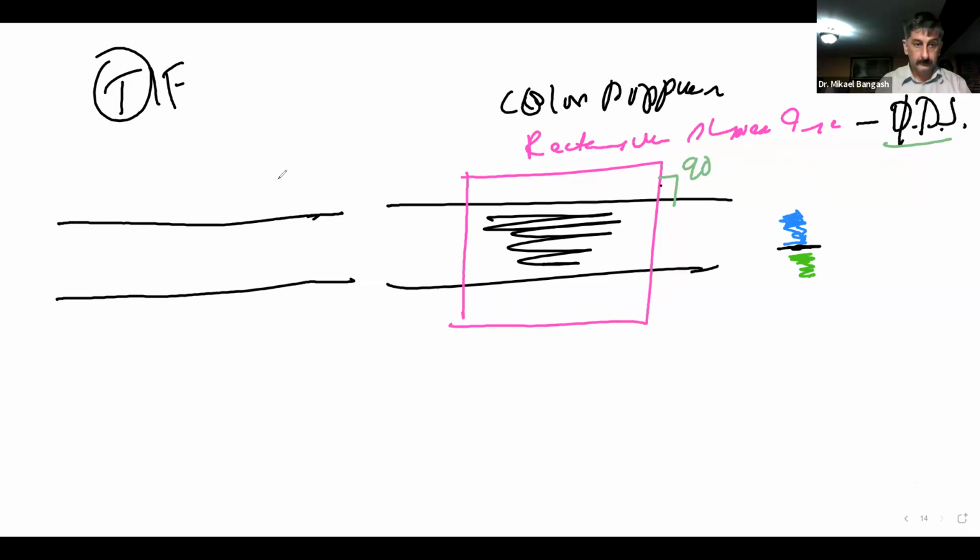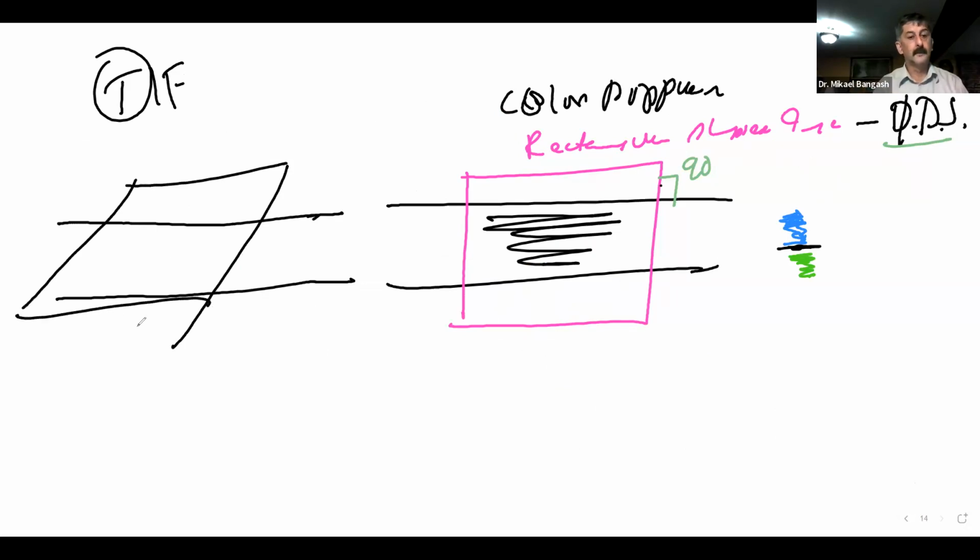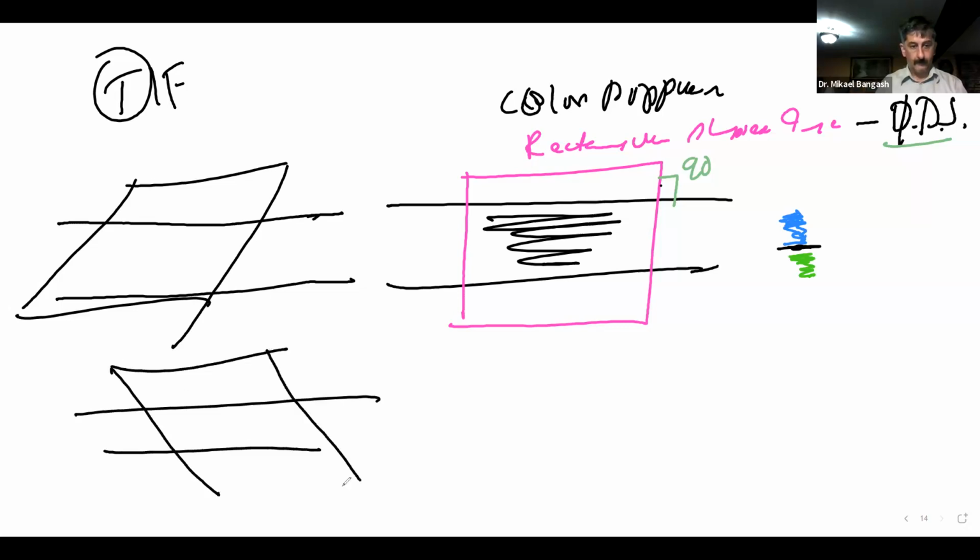Now here, this, or we can say this, that's where your blood vessel ideally will only have one color.